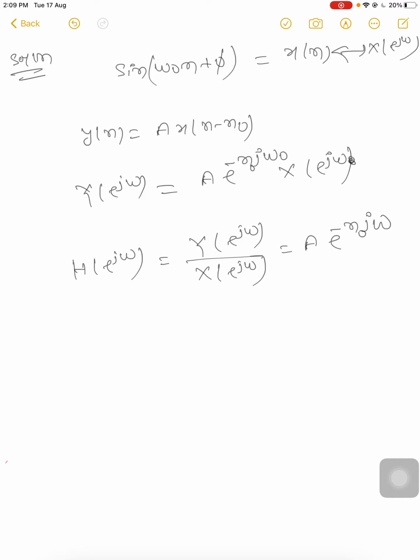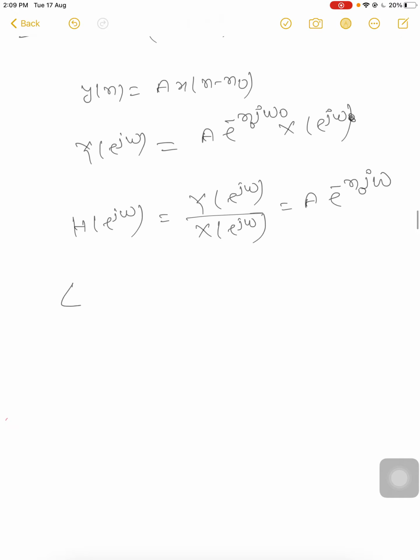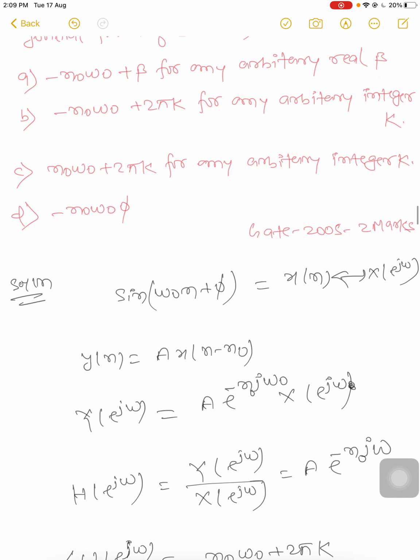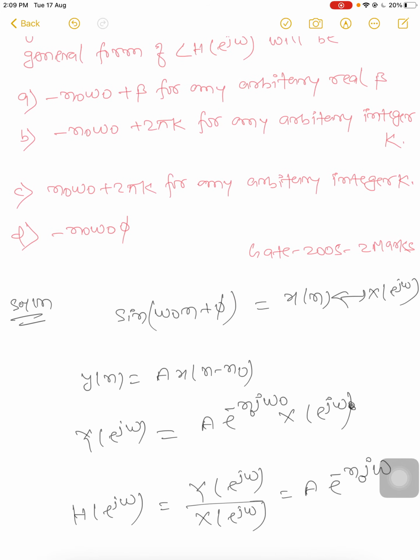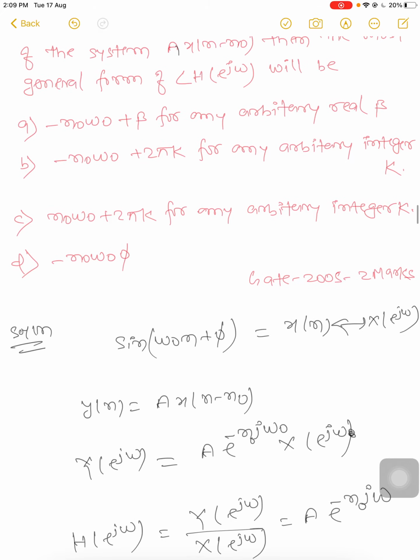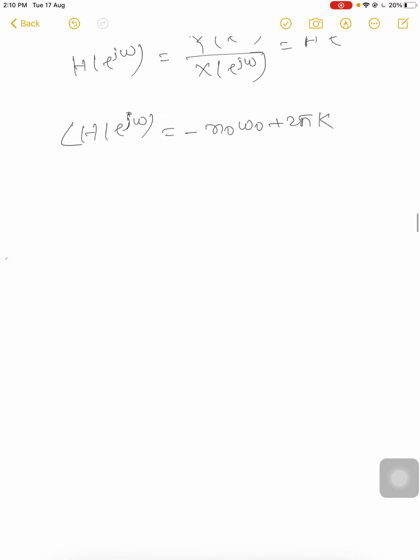Due to the shifting n0, the angle of H(e^jω) is equal to −n0 ω plus 2πk. So the answer will be −n0 ω plus 2πk, for any integer value k. Option B will be the right answer.